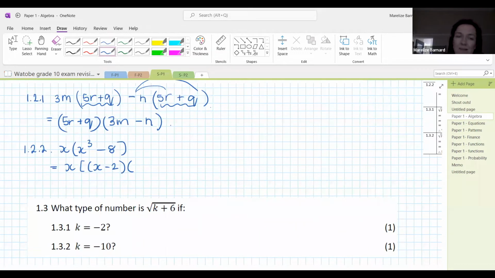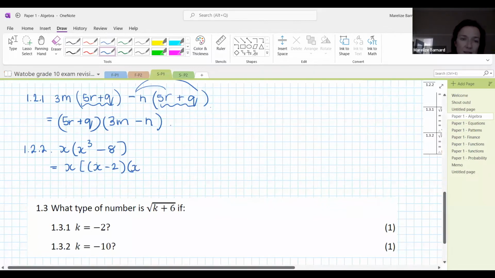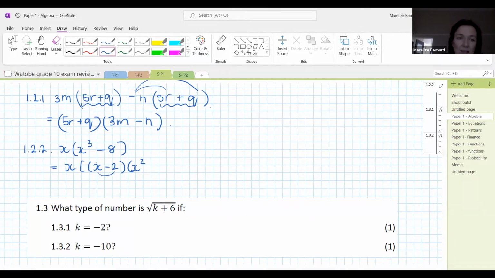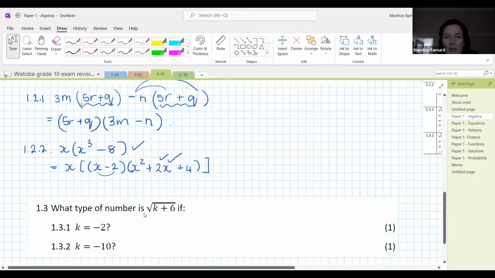Then to make my second long bracket with 3 terms, I times the x by itself to get x squared, then times the minus 2 and the x together, and then change the sign, and then square the last term.